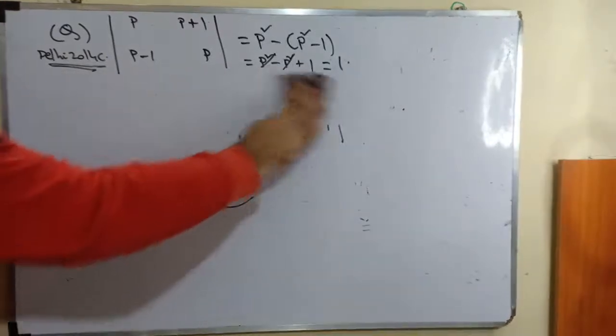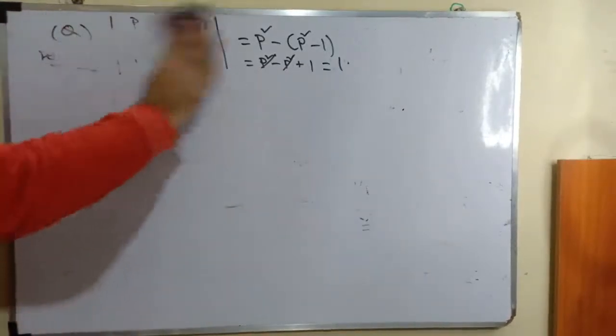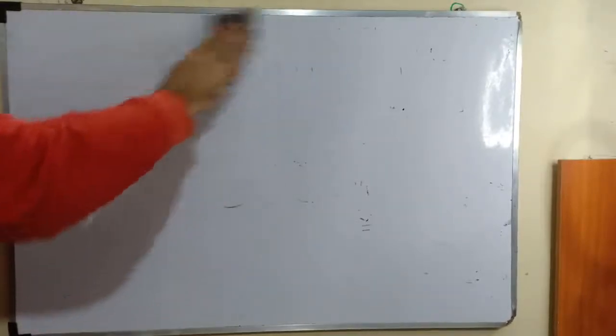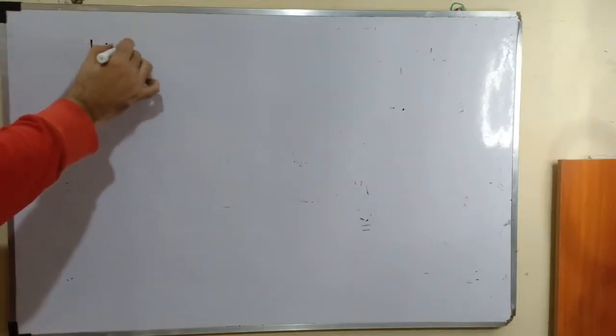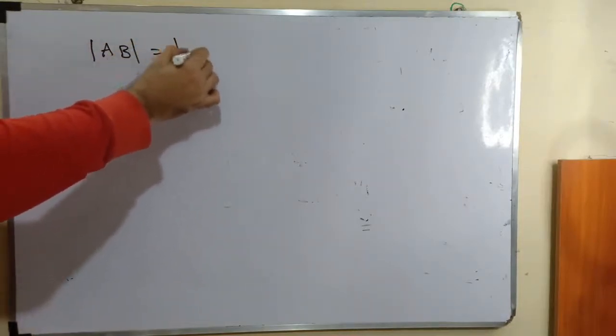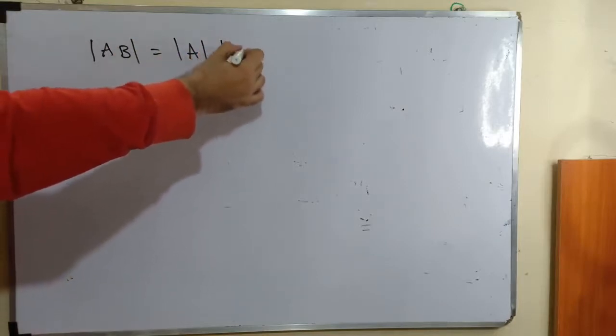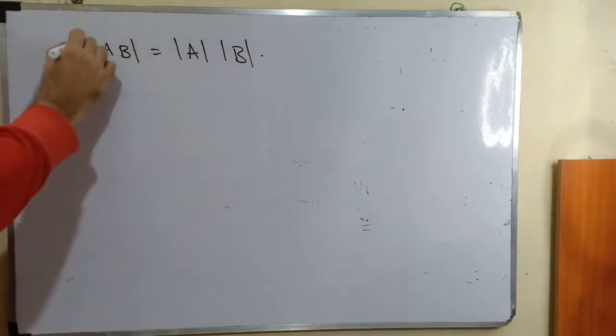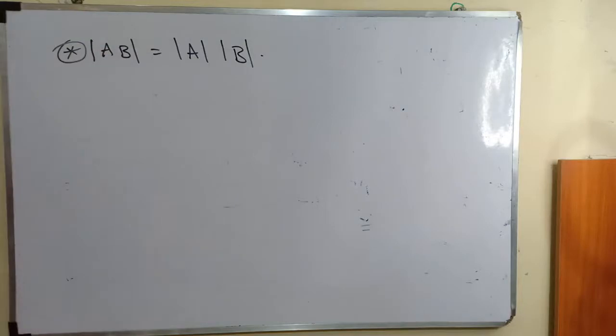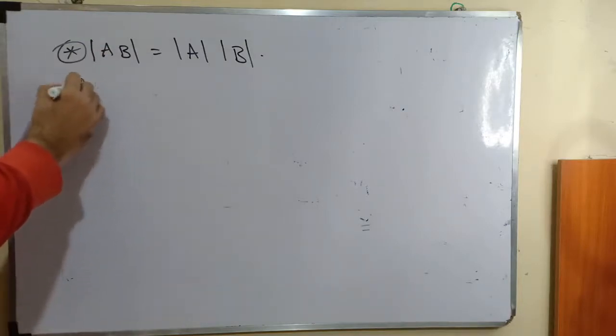So in order to solve that question, we need to know one simple small funda. The funda is that if A and B are two square matrices, det of AB is det A times det B. This is one very good property. Based on this, the next question is given.